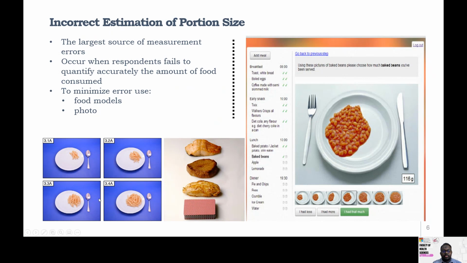The blue color image here shows different types of images shown to the respondent for them to choose which represents their intake. The next picture shows food models. It really looks like real food and is compared with standard size here.